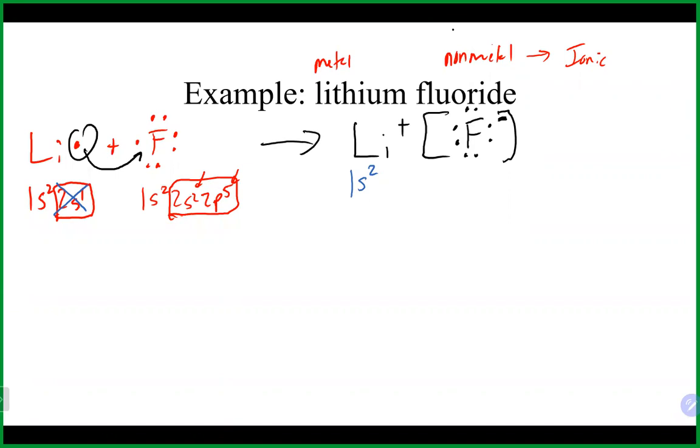And on the periodic table, number 2 is helium. So by lithium giving away its electron, what it was able to do is basically back up on the periodic table to the noble gas that came right before it. And now it has the same electron configuration as helium, which is a noble gas, makes it really stable.